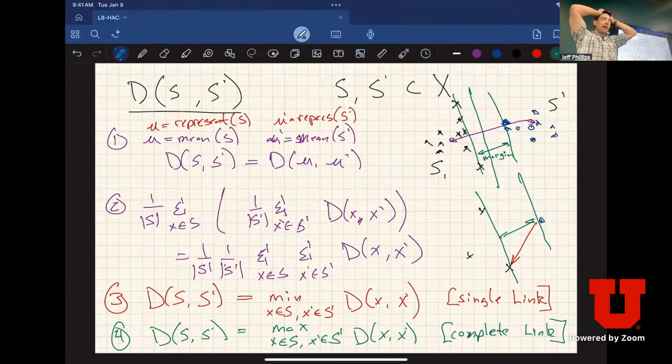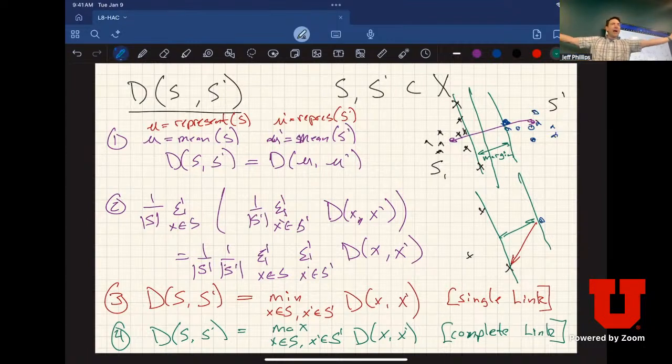Okay, so if you're thinking about how to group with single link, think about grouping these metropolitan areas, all in Utah, all these cities connected along the Wasatch Front. Where are the houses on the map? Well, they're all connected.